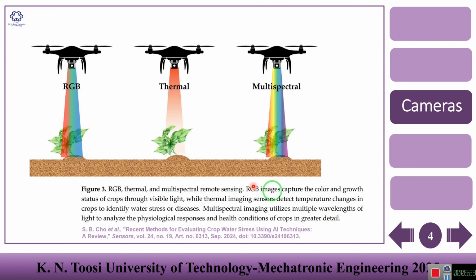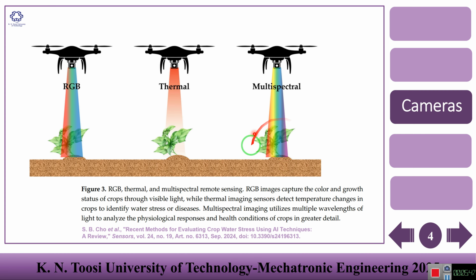The RGB images capture the growth status of crops, and on the other hand, thermal imaging sensors capture the temperature of our plants, so it can identify the water stress of it.